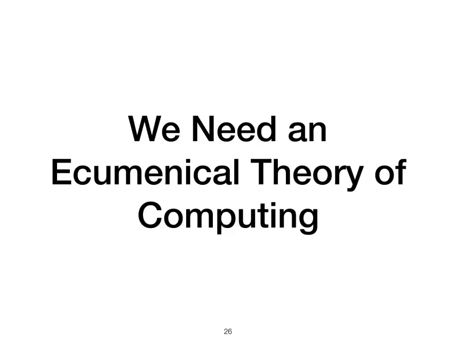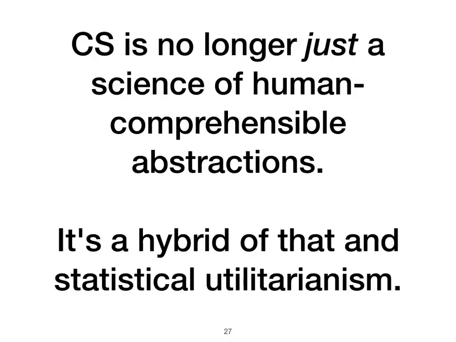In short, we need to work towards more expansive definitions of what computer science and computational thinking are, in order to account for things like machine learning. The truth is that computer science is no longer just a science of human comprehensible abstractions.